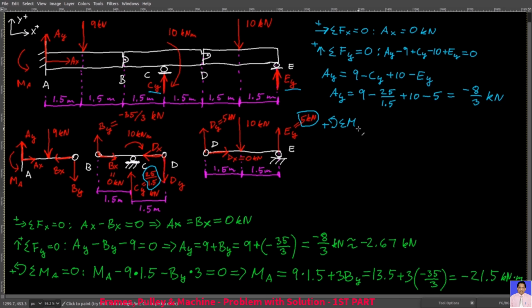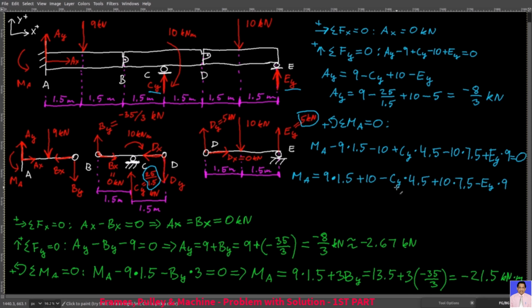Finally, let's take the moments about point A, and so that's the moment equation. I can write Ma equals, and then all this I know that Cy equals 25 over 1.5, Ey equals 5, and so in the end, Ma equals minus 21.5 kilonewton meters.